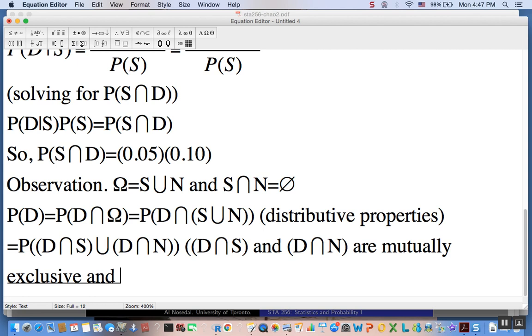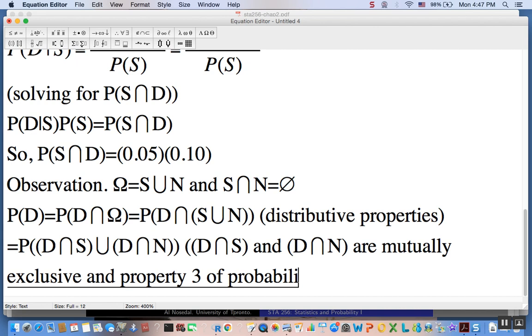And property 3 of probability functions: remember that if you want to find the probability of a union of mutually exclusive events, then it's just the sum of these individual probabilities.